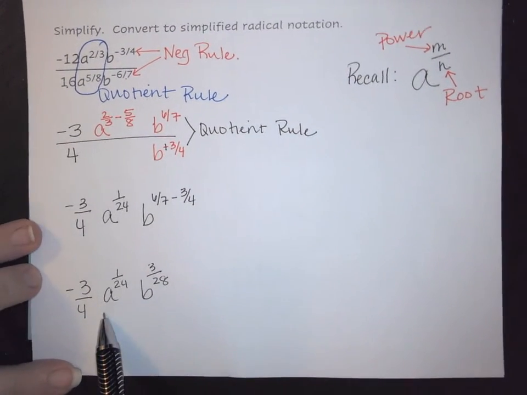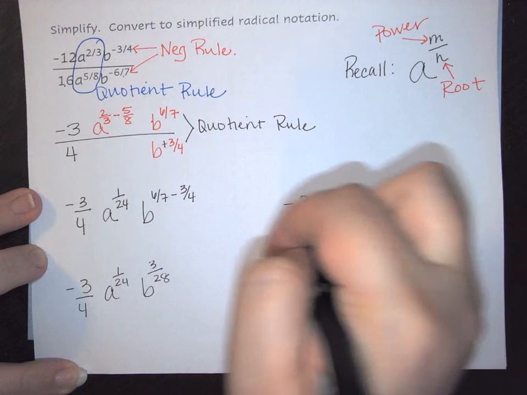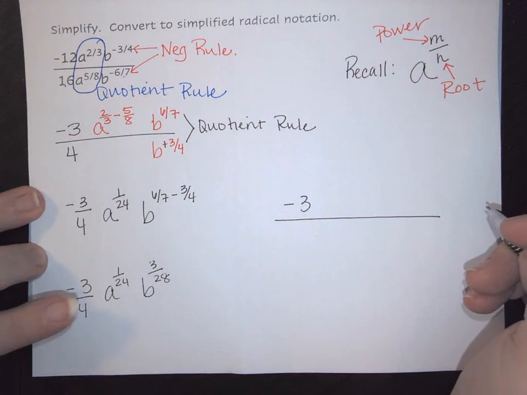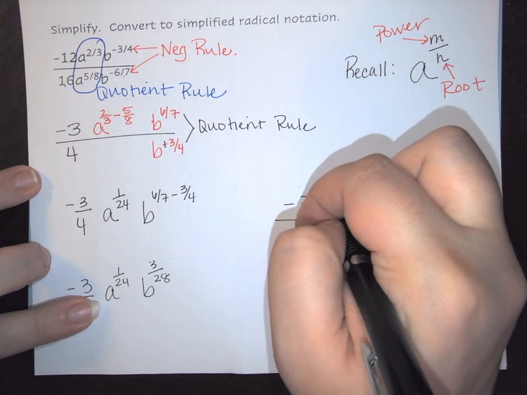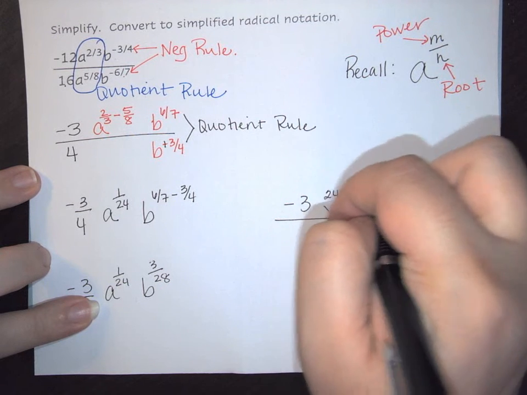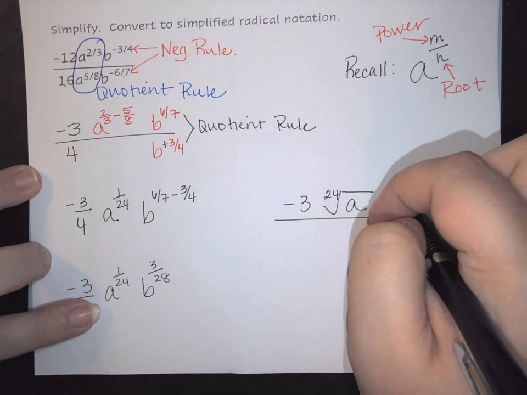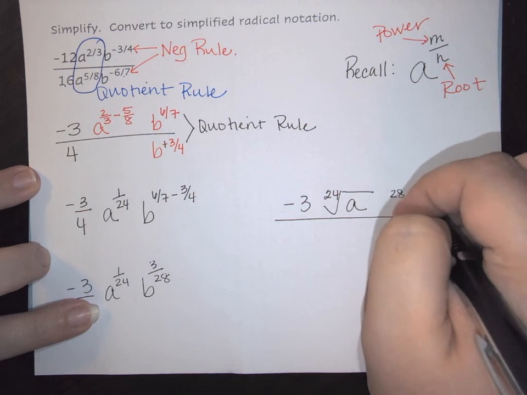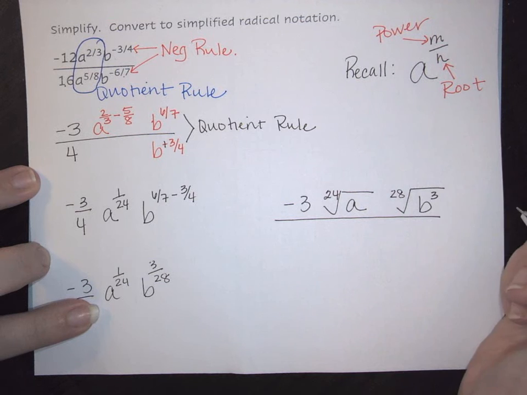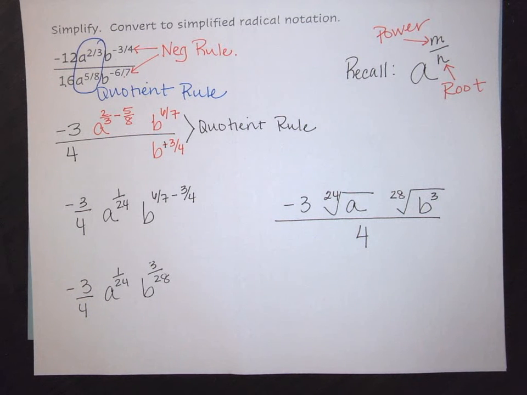So let's look at our problem here. We have negative 3 on top. And then here we're going to have the 24th root of a to the first power, and we are going to have the 28th root of b to the third power, and the whole thing is over 4.